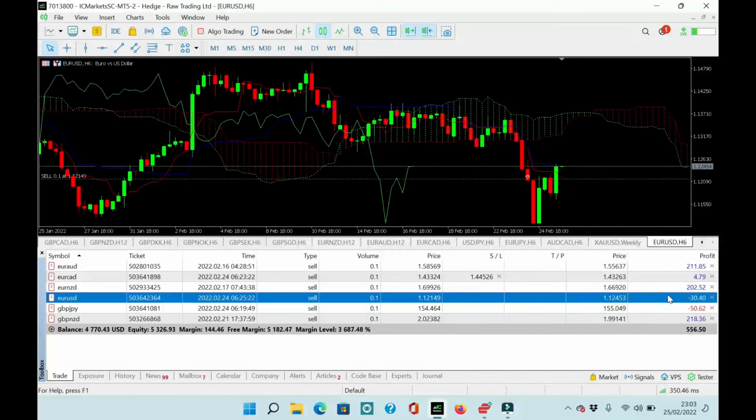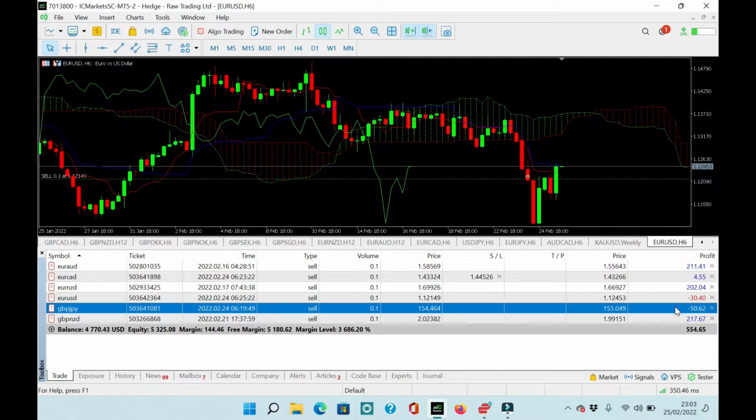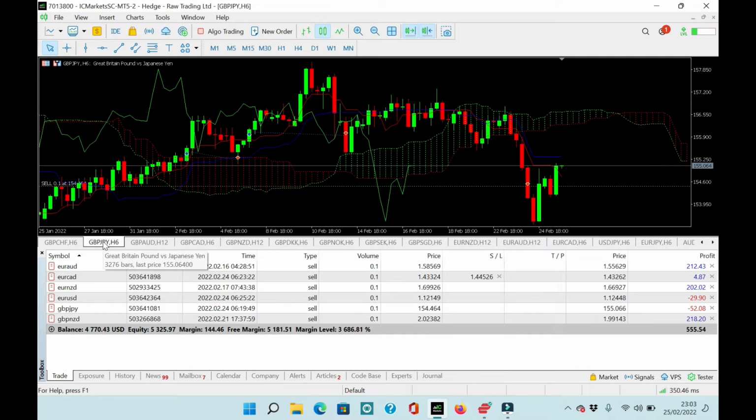Now this pound sterling GPY. I still think a little bit about this, but I will just leave it like that.